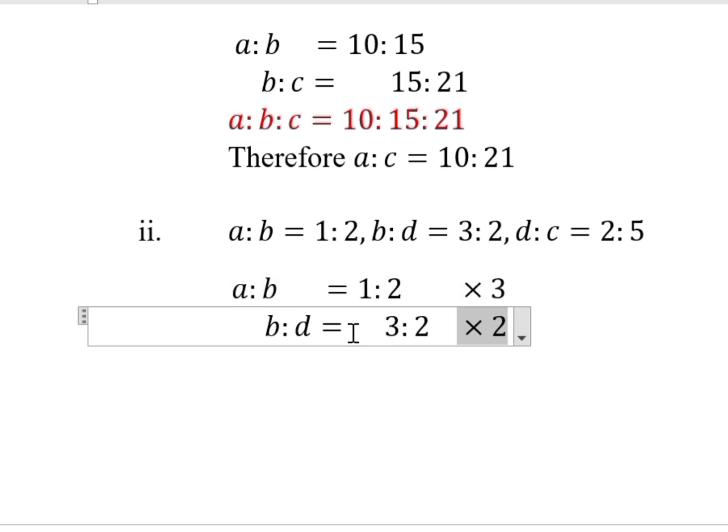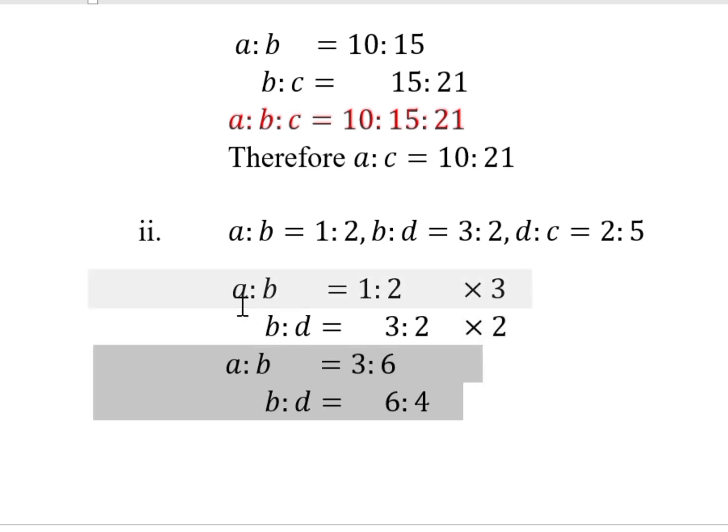When we do that, you will get ratio A to ratio B being equal to 3 to ratio 6, because 1 times 3 gives us 3, and 2 times 3 gives us 6. In the lower side, we shall have B to ratio D being equal to 3 times 2 giving us 6, 2 times 2 giving us 4. You should remember to write them in the order that they appear up here, so that the ratio for A is written first, ratio for B is written next, then the ratio for D, as I have done here.